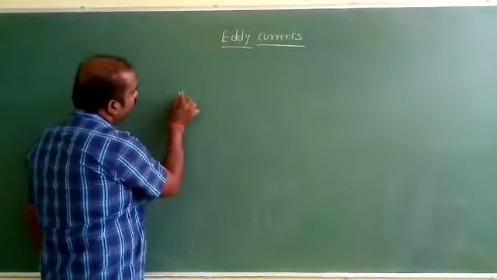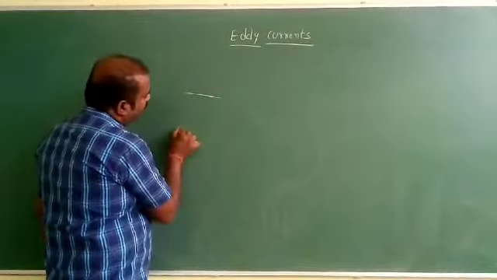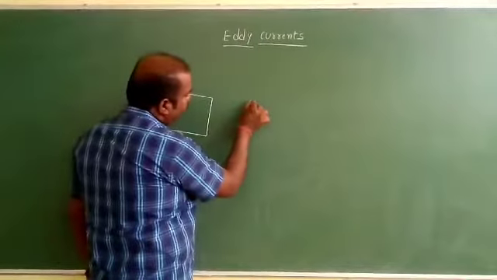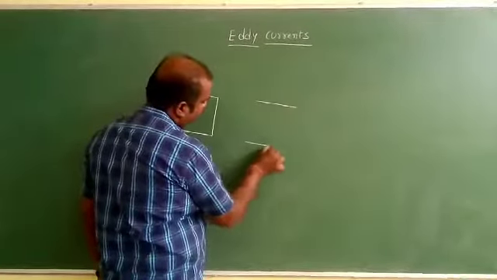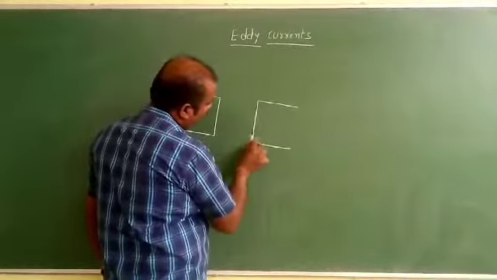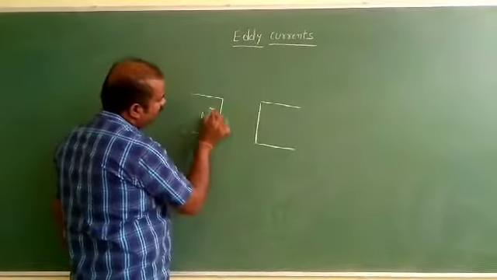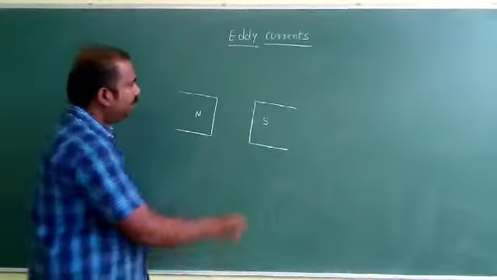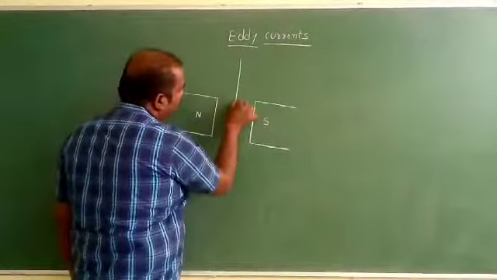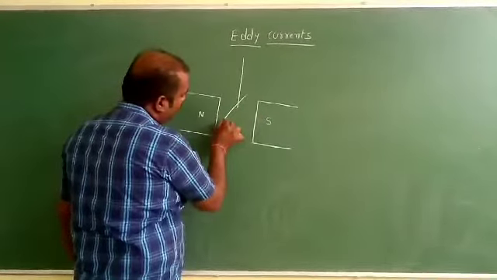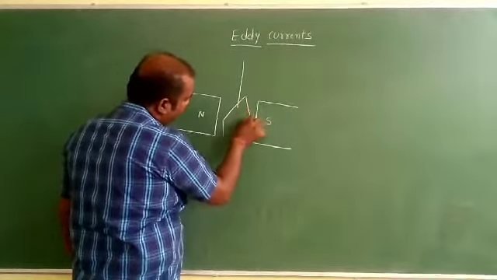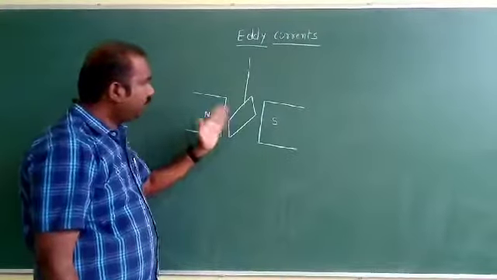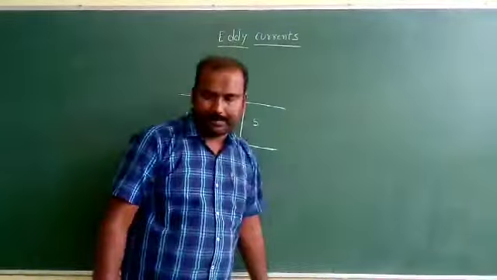See, here I am taking a strong magnetic field. This is north and this is south. Now here I am hanging a big metal plate between north and south of the strong magnetic field.